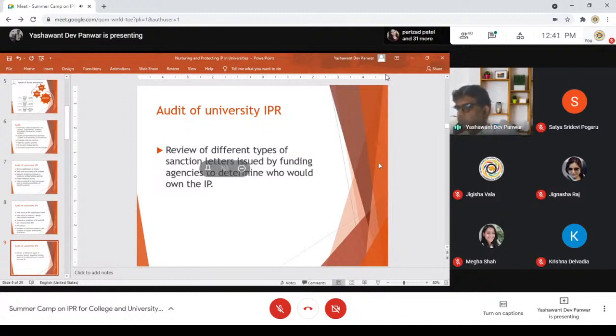And then, to appropriately protect IP, it is very important to review the different sanction letters issued by funding agencies to determine who will own the intellectual property rights, which will give insight for all future collaborations to have appropriate conditions of research and development. I think if these steps are taken by our institutions, they will actually help in nurturing intellectual property rights.